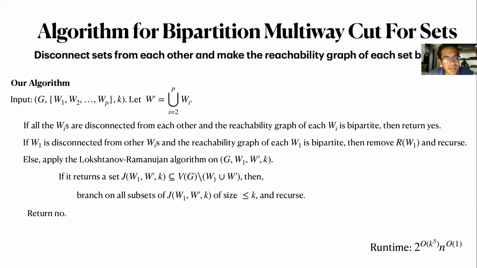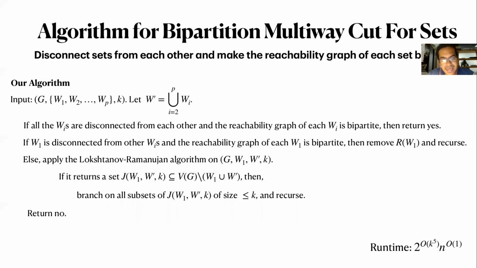If W1 is disconnected from all other Wi's and the reachability graph of W1 is bipartite, then you just remove the reachability graph of W1 and recurse on the rest of the graph and the rest of the terminals. Else, apply the Lokshtanov-Ramanujan algorithm on G, W1, W prime, and parameter k.